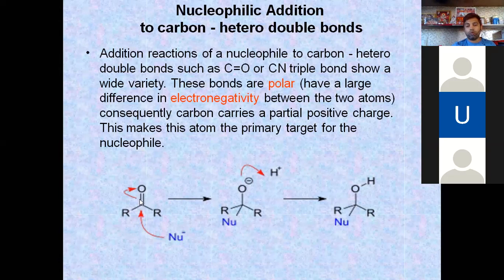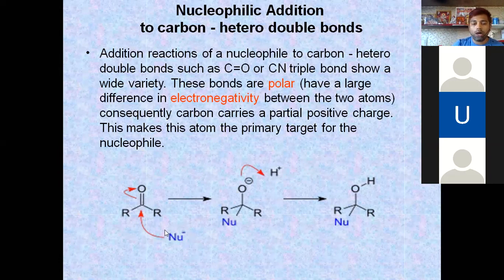This pi bond will shift to the oxygen. It will become negative and the carbon will become positive. So this is the electrophilic center. The carbon has become positive, forming a carbocation.